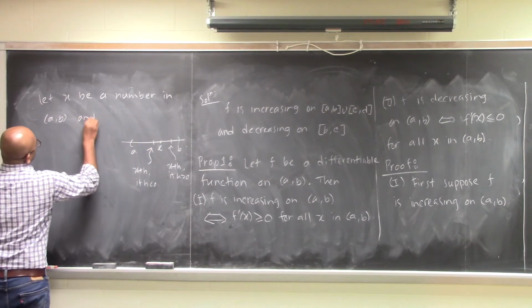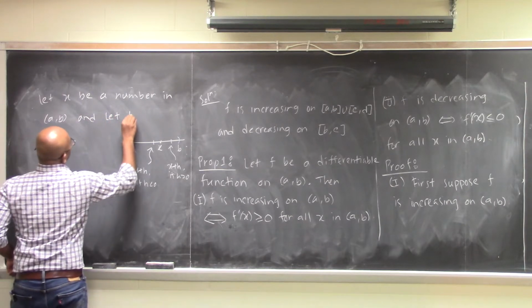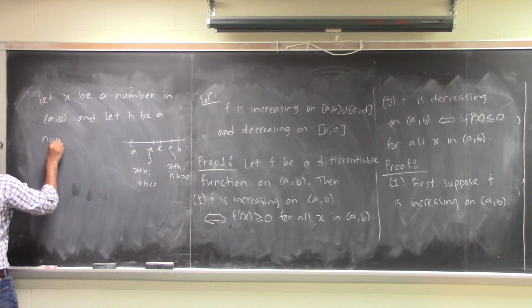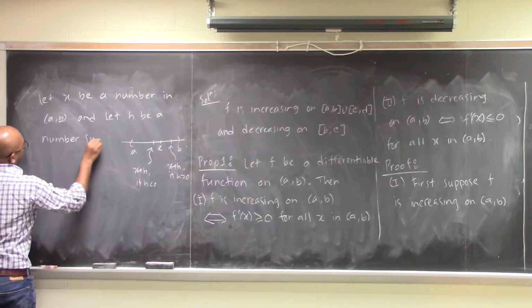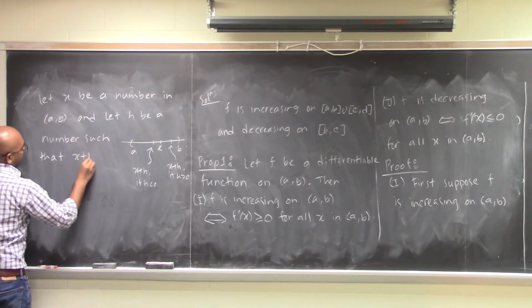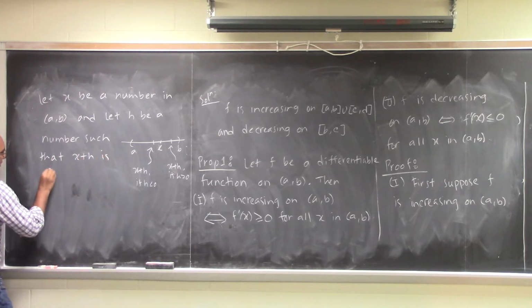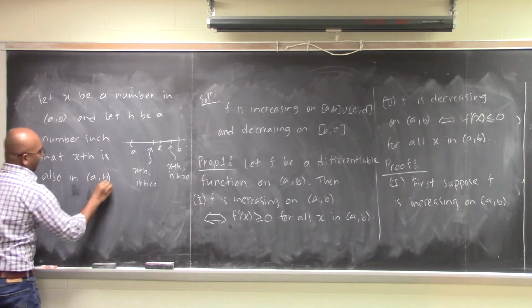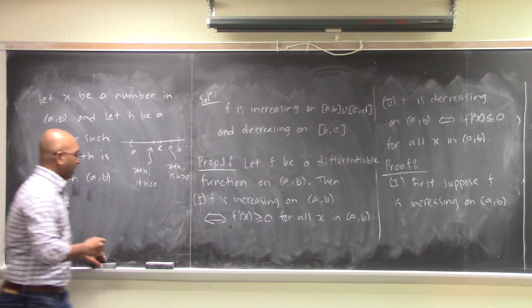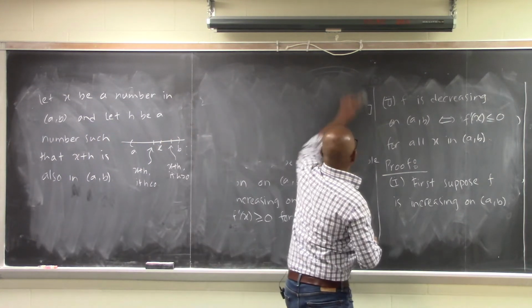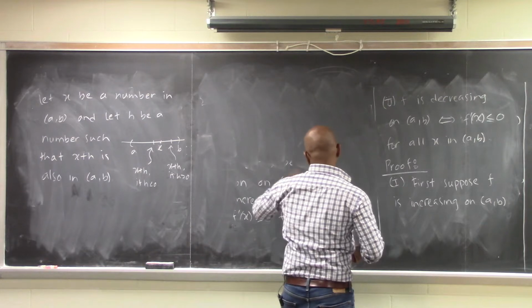And let h be a number such that x plus h is also in this interval a to b. Okay, now two things will happen based on the sign of h.